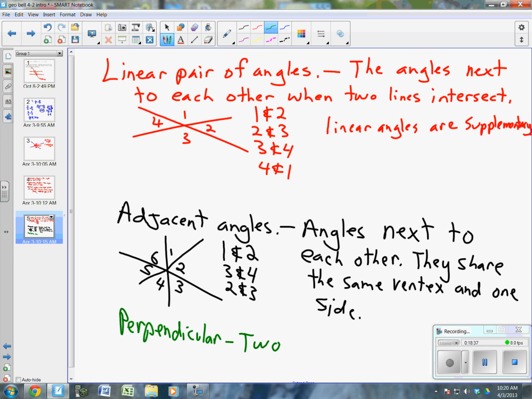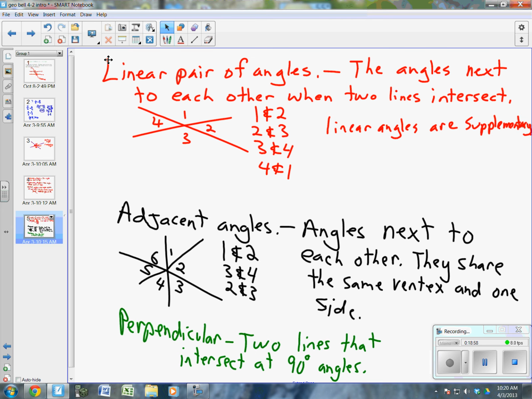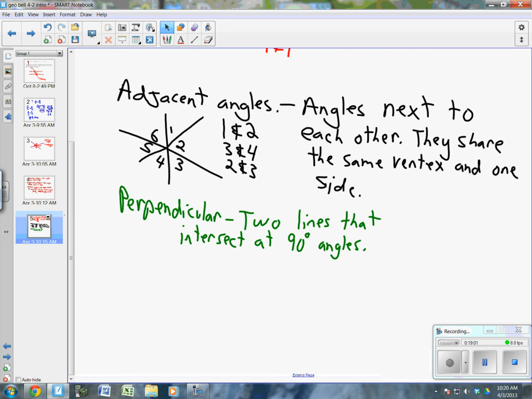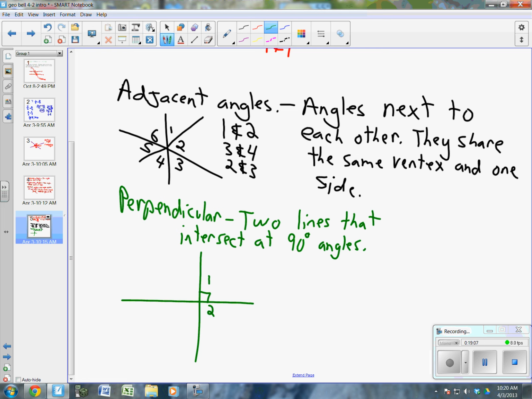Yeah, two lines that intersect at 90-degree angles. Two lines that intersect at 90-degree angles. For example, angle 1, 2, 3, and 4 are all 90-degree angles.